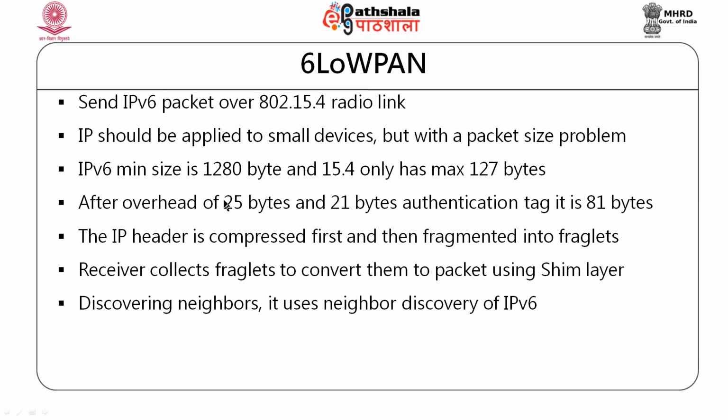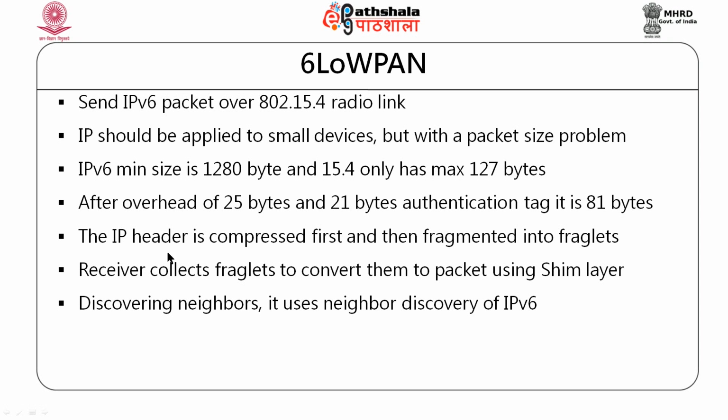After an overhead of 25 bytes, it makes it 102, and when you use a secure link, 21 bytes are used as an authentication tag to make sure the devices authenticate each other. So, the actual payload comes out to be as low as 81 bytes.